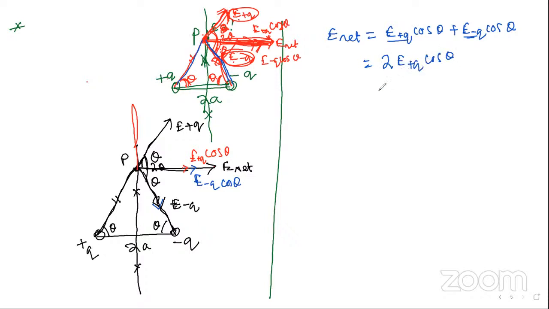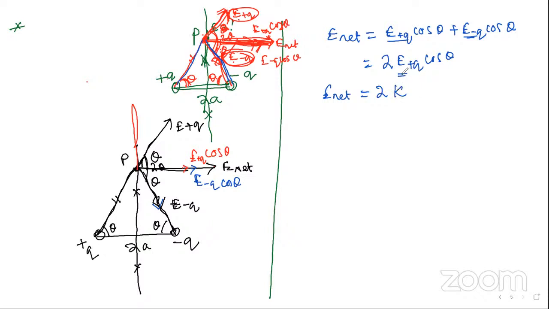Both are same, x plus x is 2x. Now you see, E net is 2 times E plus Q cos theta.